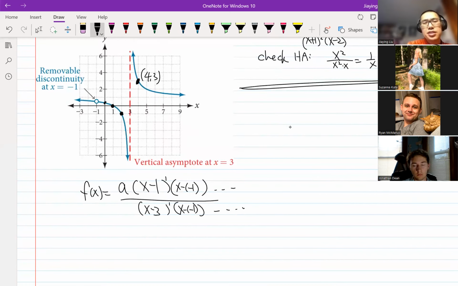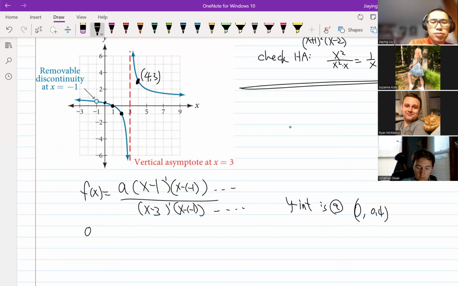So let's see, the y-intercept is at x equals 0, y equals 0.4 or something. Okay, so let's just say the y-intercept is at 0, 0.4. We can use it directly.